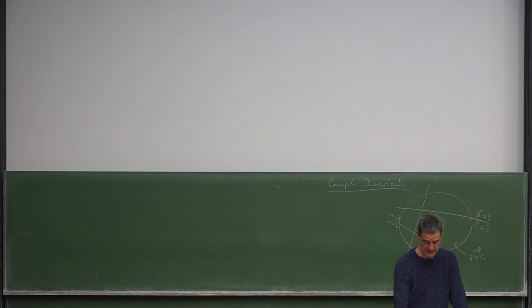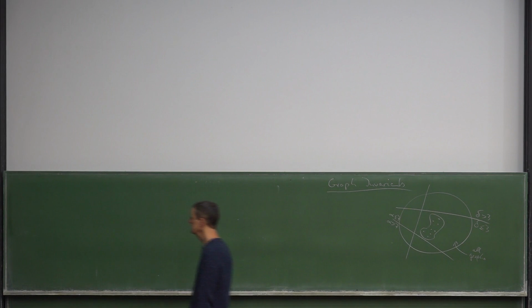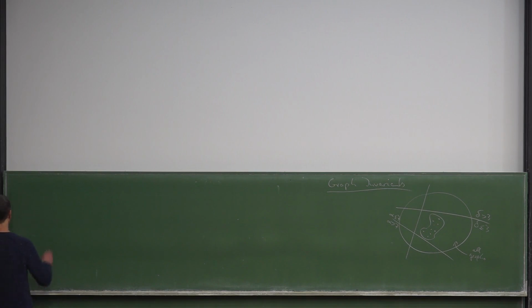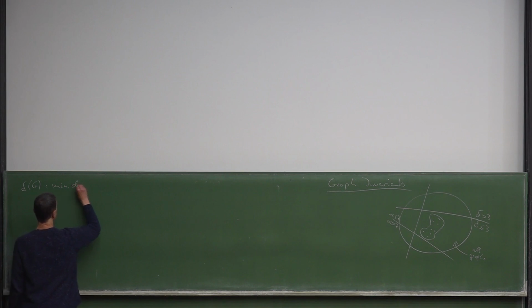Okay, so let's list a few invariants. Here's one that we had already. Well, not quite. G is a graph, and delta of G is the minimum degree of that graph.